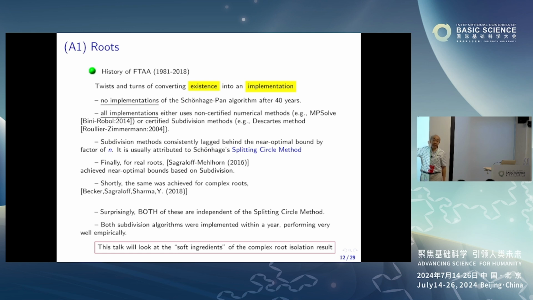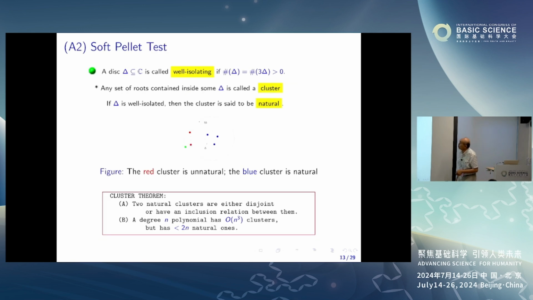The splitting circle idea simply says, if you give me a polynomial, the first thing I do is compute two polynomials whose product is equal to your original polynomial, but they contain between 1/3 and 2/3 of the roots, so that you can do divide and conquer. But these techniques are independent of that. So in this talk, we'll look at the soft ingredients at a high level to see how we achieve all that.